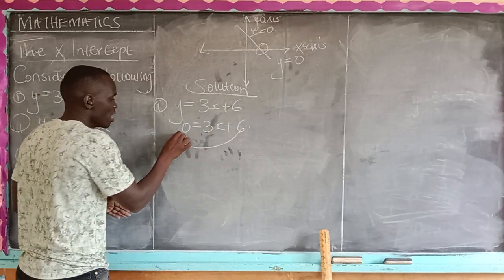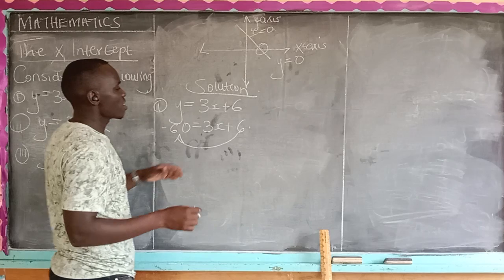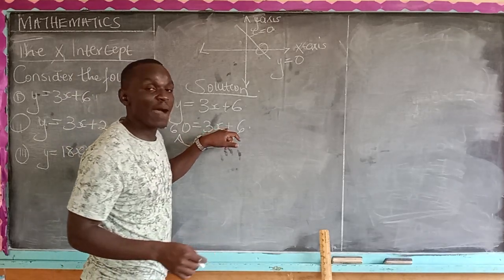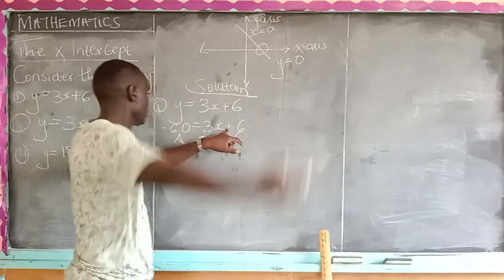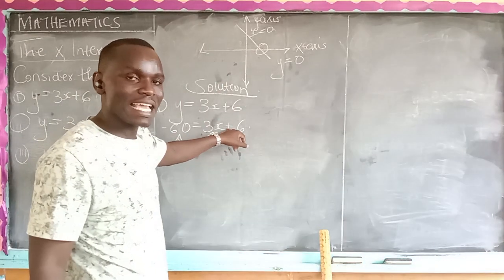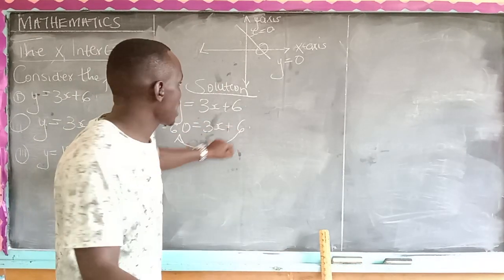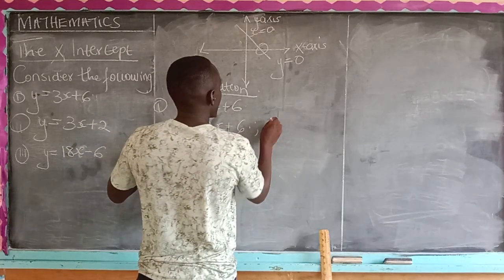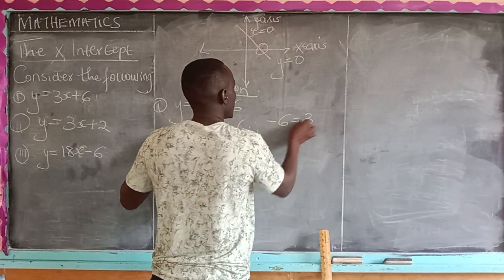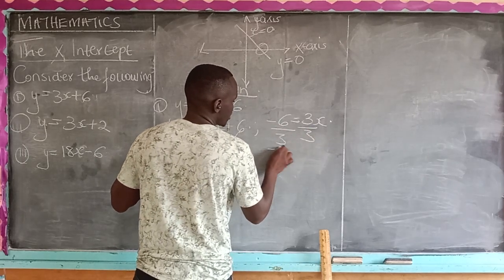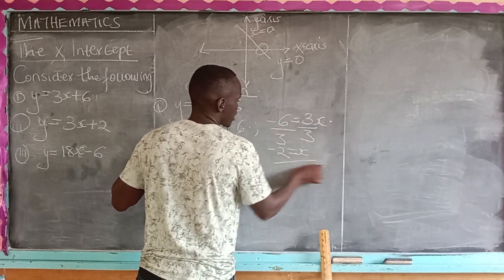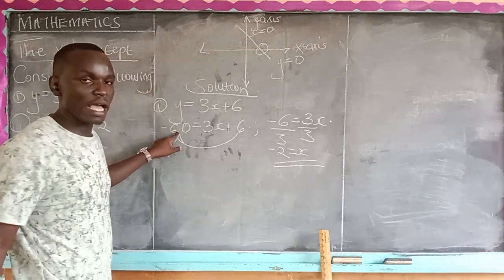Remember, when a plus sign goes across the equal sign, it changes from plus to minus. So we have minus 6 equals 3x. Divide by 3. Negative 2 equals x.